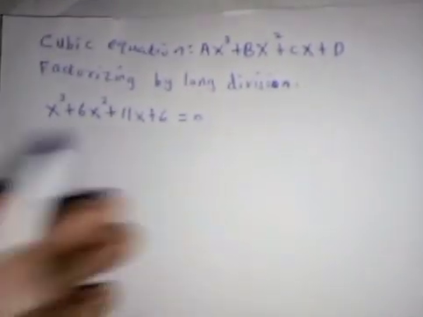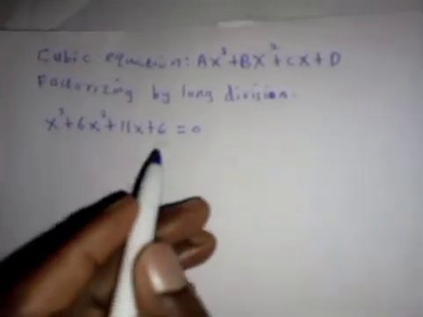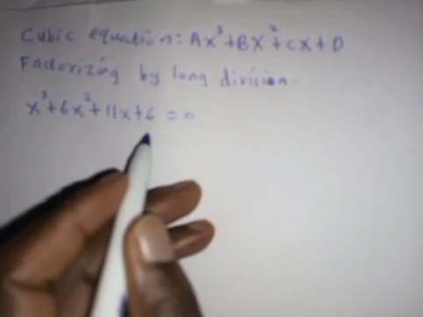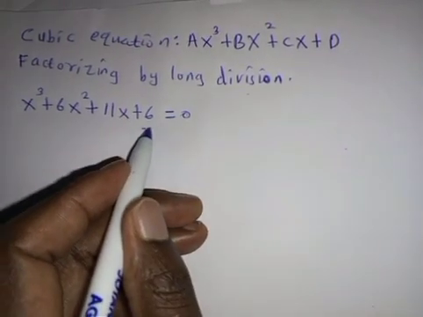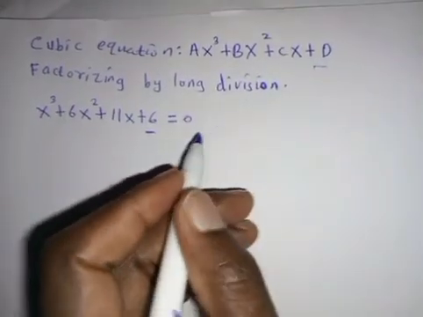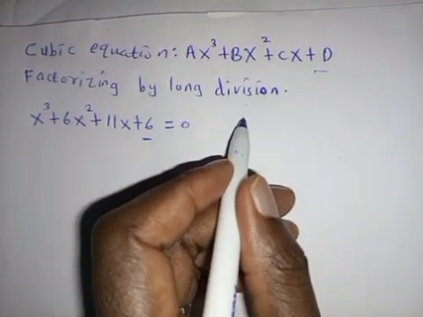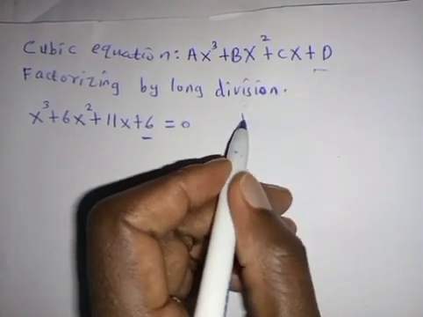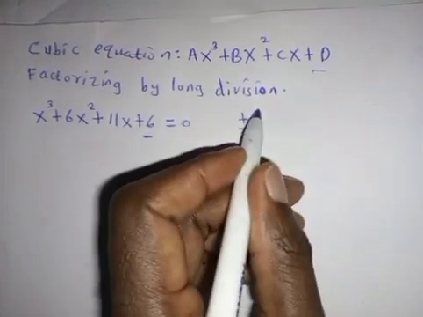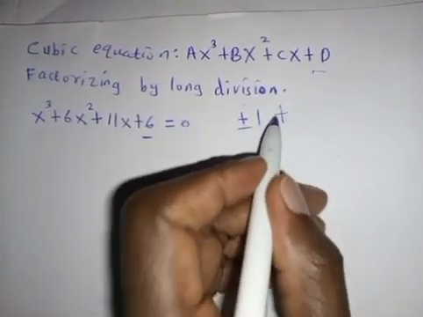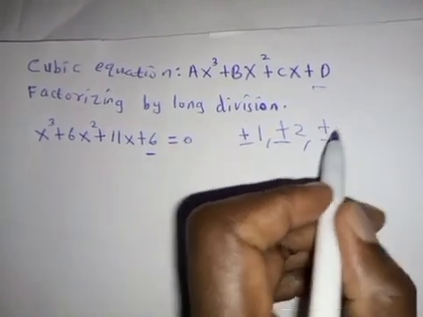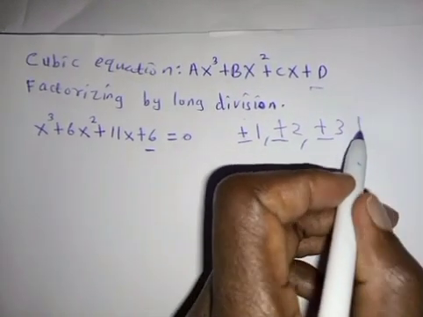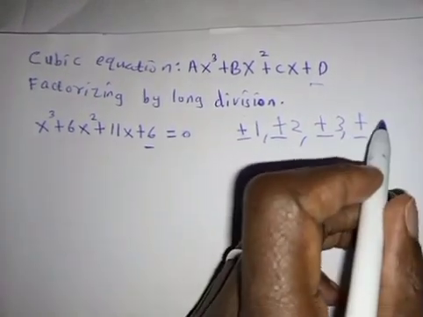First of all, the first process is to consider the factors of the last constant, the factors of d, and our d in this case is 6. So the factors of d could be plus or minus 1, plus or minus 2, plus or minus 3, and finally plus or minus 6.